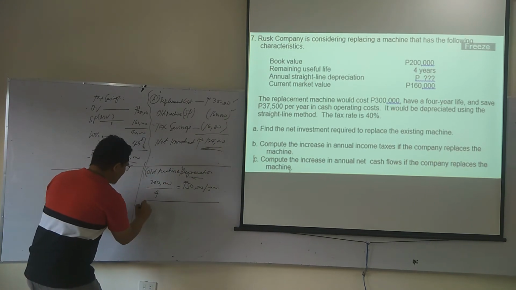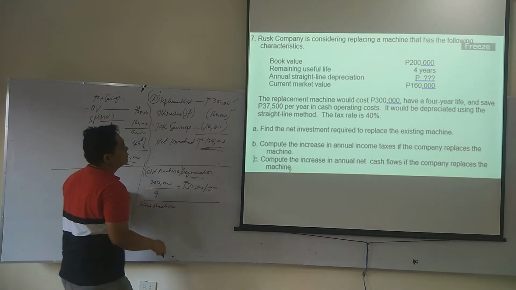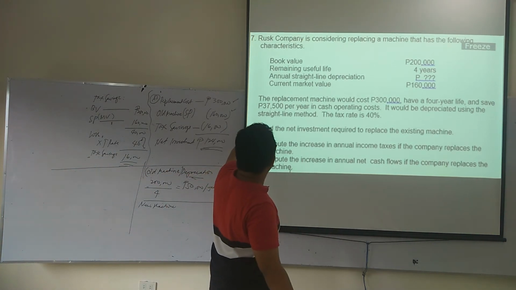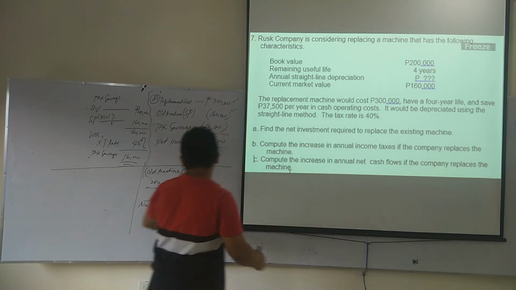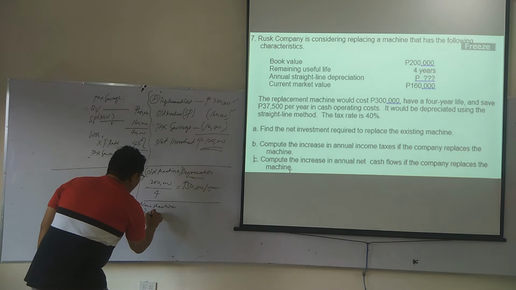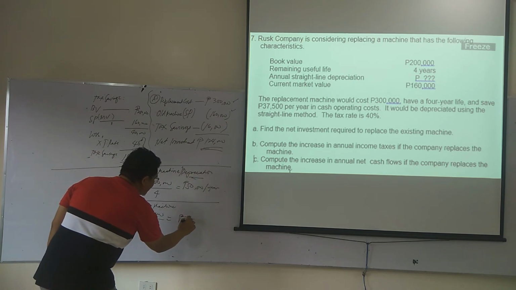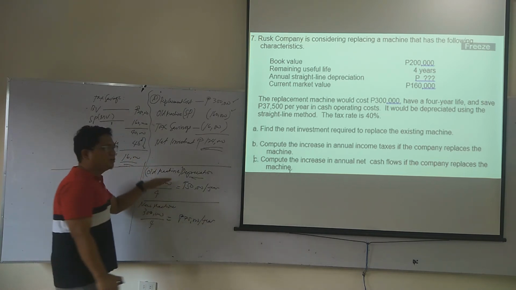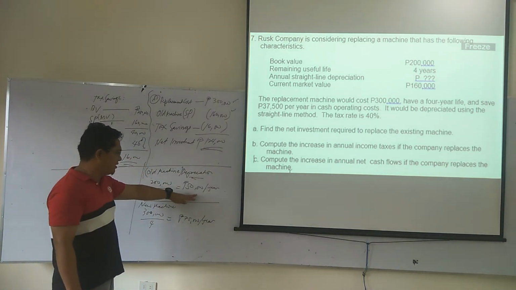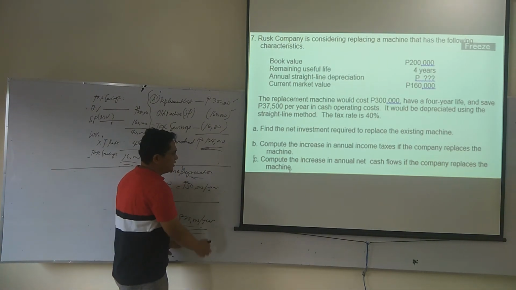Now, for the depreciation of the new machine, 300,000 with a 4-year life, 300,000 divided by 4 is 75,000 per year. Old machine, 50,000 depreciation per year. New machine, 75,000 depreciation per year.